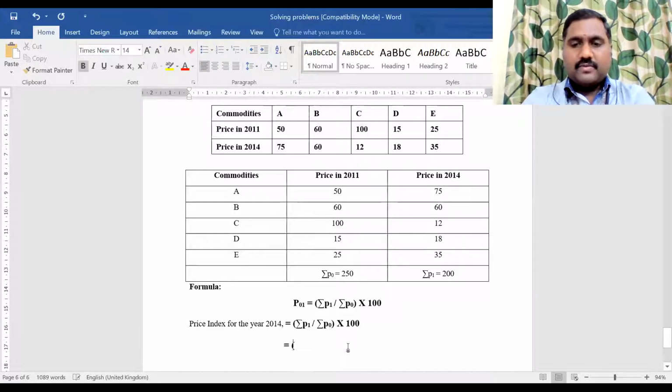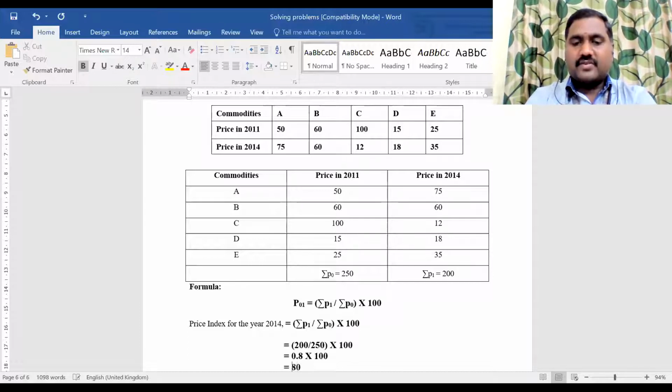So now 200 divided by 250 into 100. 0.8 into 100. 0.8 into 100, 80. Therefore the price index number is 80.